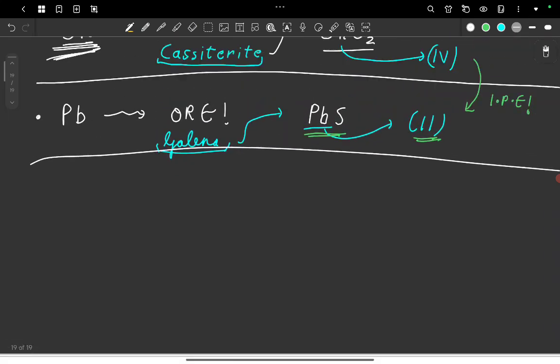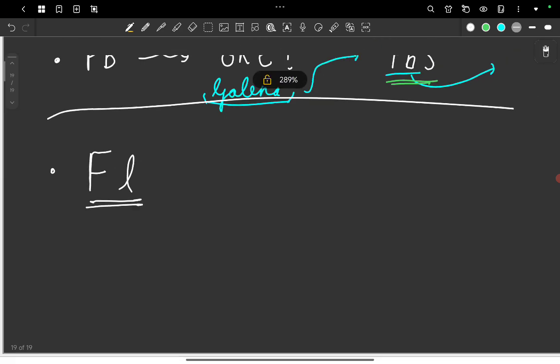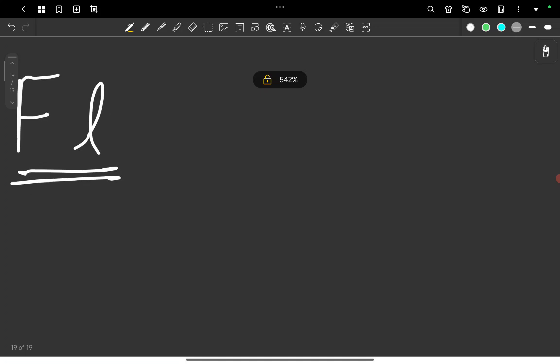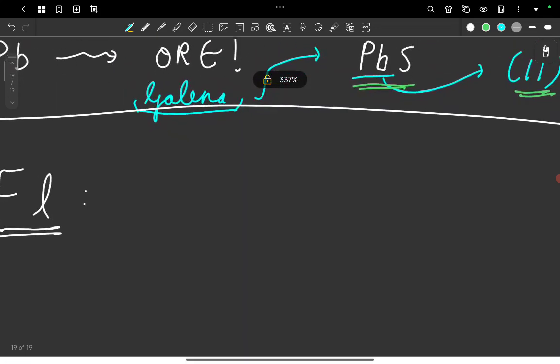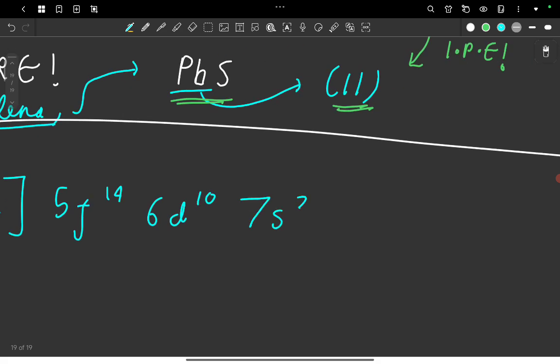Yeah. Now, I want to tell you about one element, which is Fl, flerovium. The NCERT mentions some minute info about this, and just like nihonium, its chemistry has not been established yet. Its electron configuration is basically that of radon plus 14 f electrons, 10 d electrons, 7s2, and 7p2.